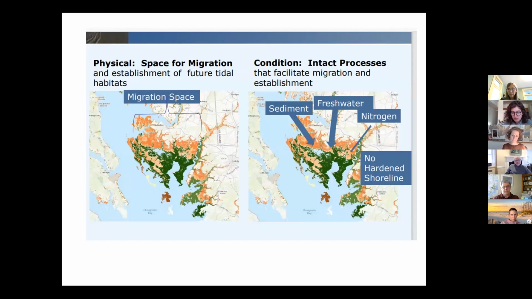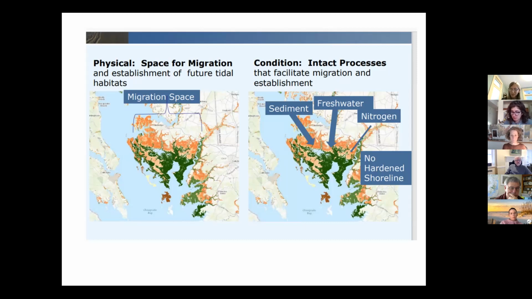So we're going to dig in a little bit into the physical factors that were used in this tool and the condition factors. If you are familiar with TNC's terrestrial resilience tool, this is comparable to the diversity score versus the connectedness score.